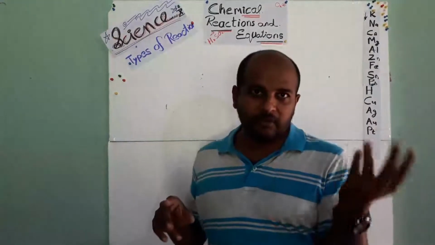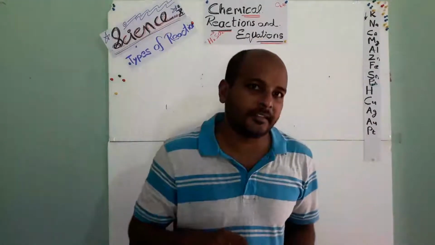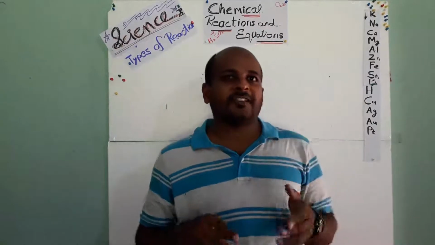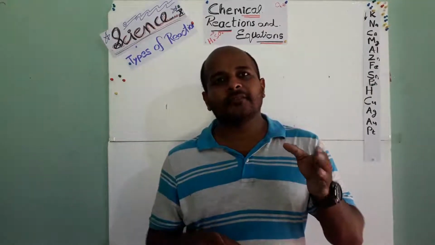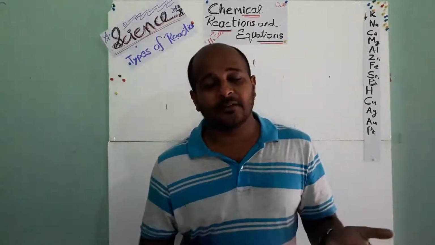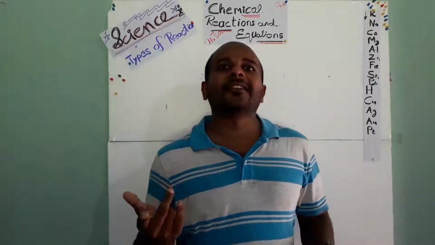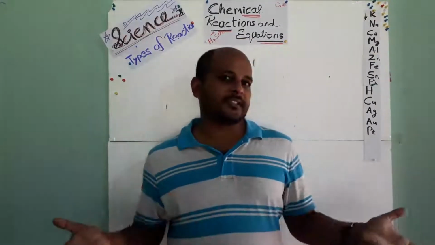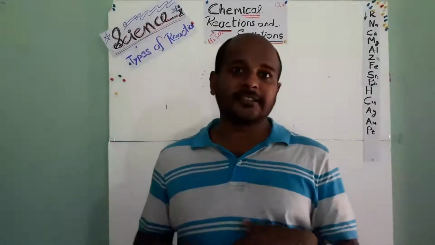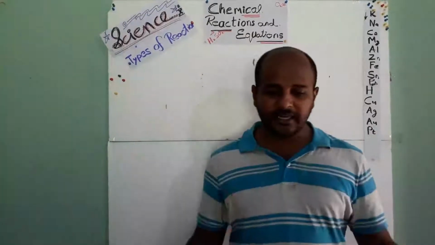In a redox reaction, both oxidation and reduction are happening. Understand? Redox reaction means a reaction in which either hydrogen or oxygen is gained, and also hydrogen or oxygen is released. Such reactions are called redox reactions.